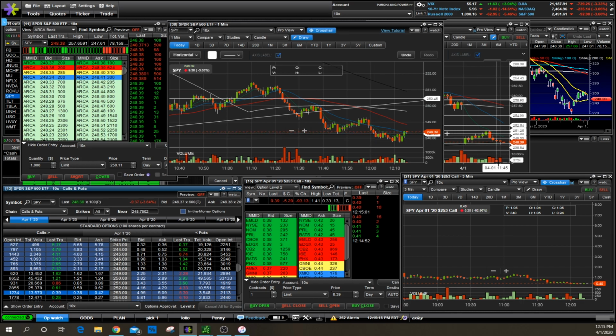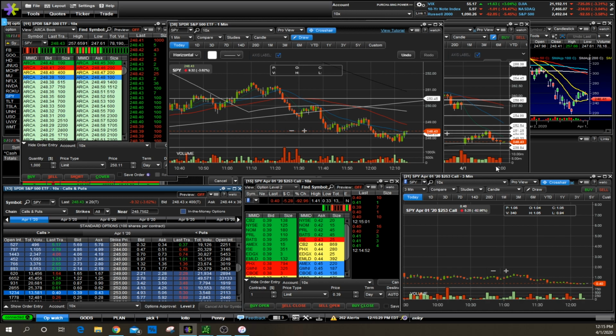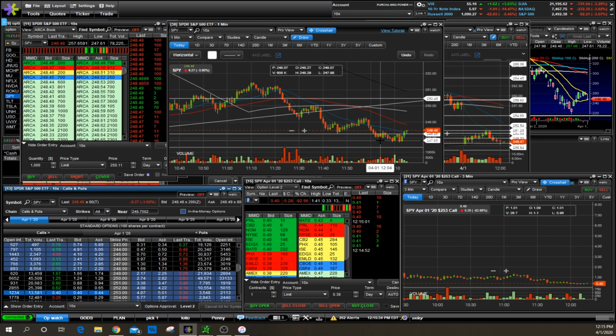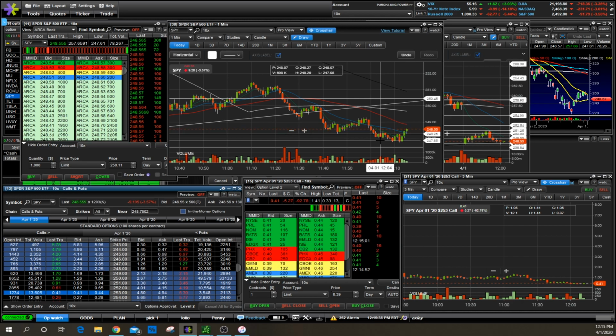Oh boy, oh boy. Nice double bottom on SPY. I'm not the only one that sees it, apparently.